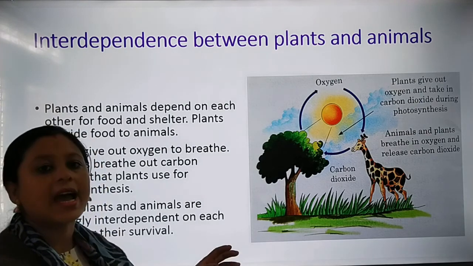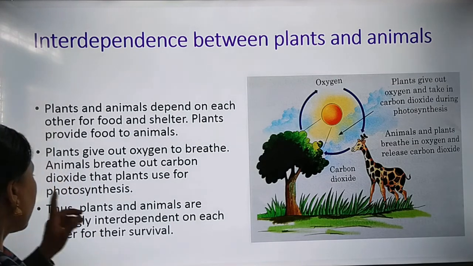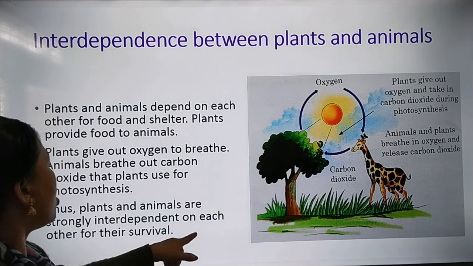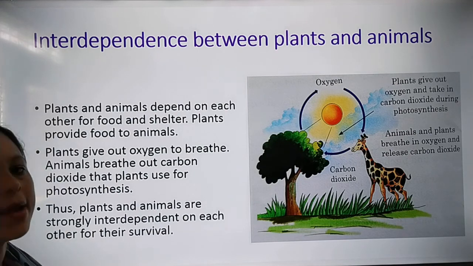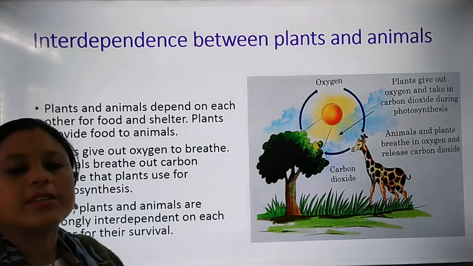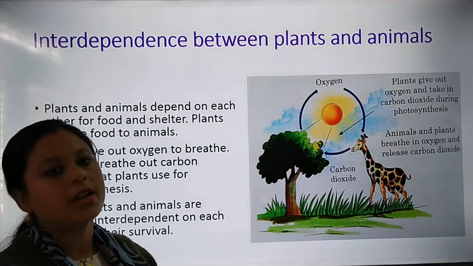So that is why they are dependent on each other. Thus, plants and animals are strongly interdependent on each other for their survival.